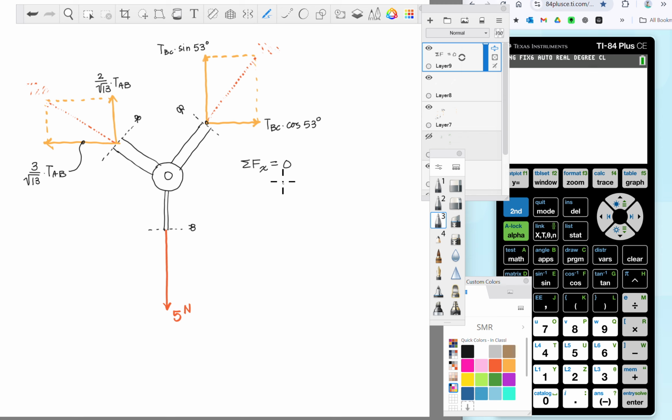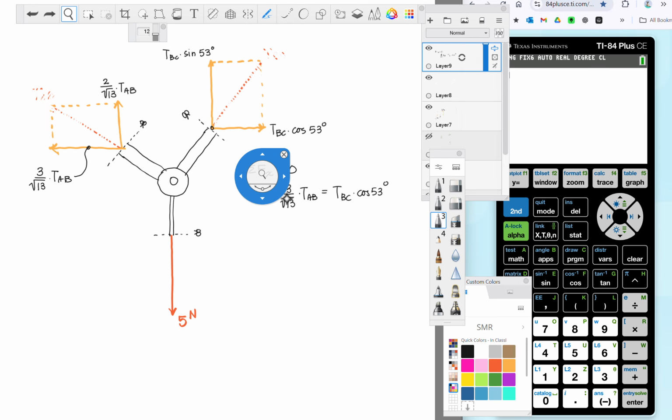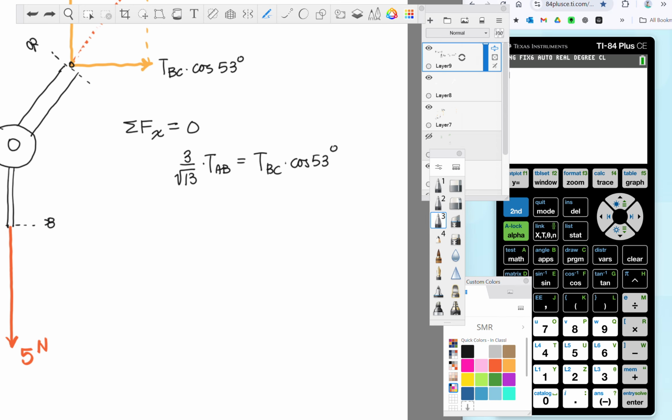All right, so I've got 3 over root 13 times TAB is equal to TBC times cosine of 53 degrees. And kind of thinking ahead, right, I'm going to have both in this other equation. I have to solve a system of equations, so I'm going to go ahead and just express one in terms of the other. I'll just choose TAB arbitrarily.